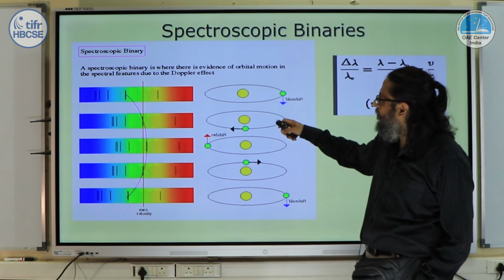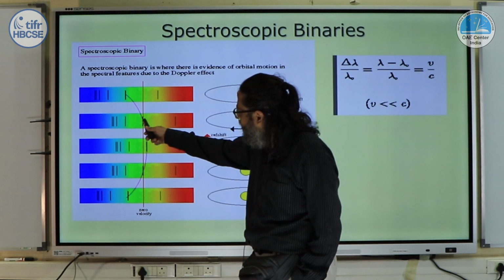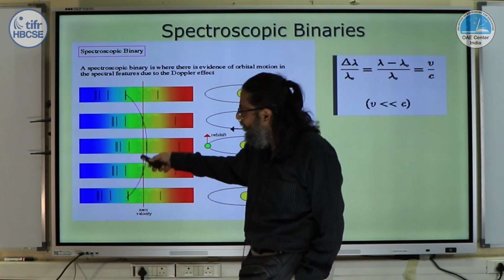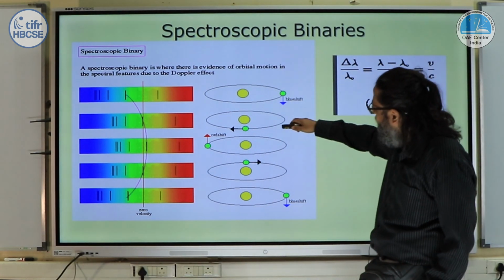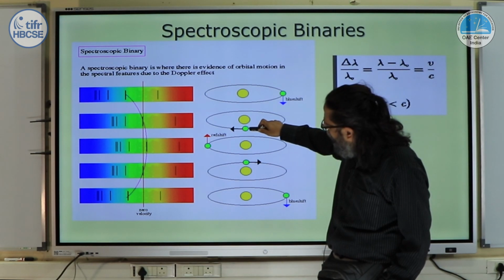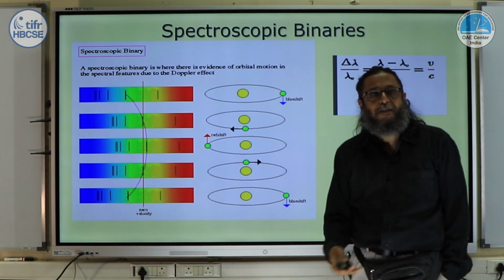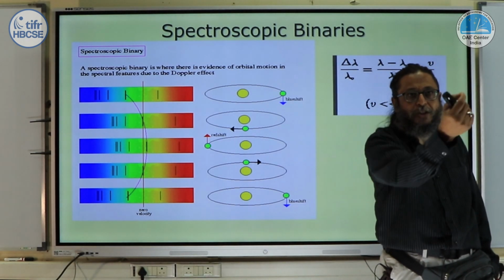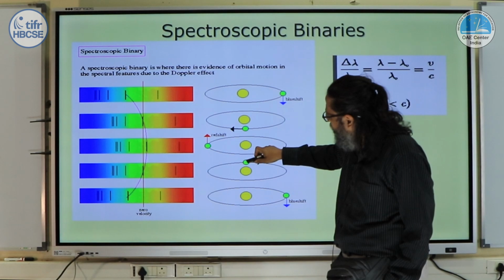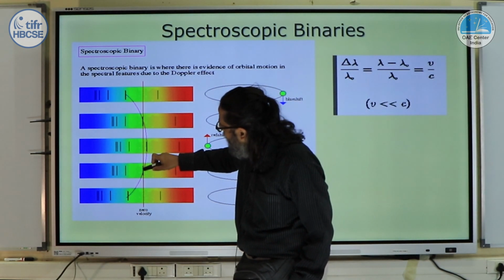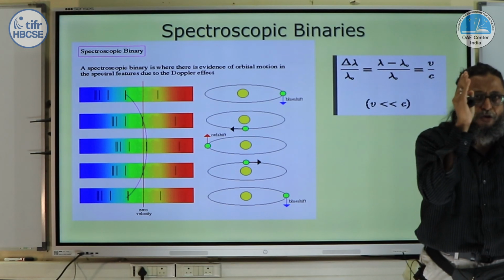So now this particular line, this value and this value, is the value of lambda when the source is stationary. So that happens when it is moving along this direction or this direction, because here you do not have any velocity along the direction of line of sight. So then what happens? These correspond to the actual lambda of the source when it is assumed to be stationary.